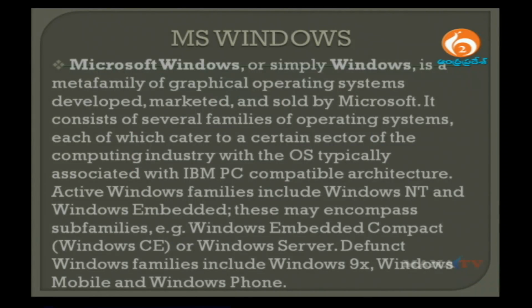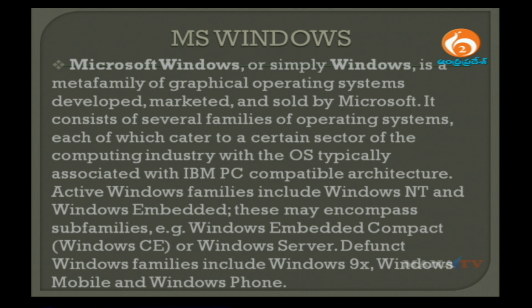So before I take you to the introduction to computer and fundamentals of MS Windows, I just want to have a review of what MS Windows is again. So Microsoft Windows, or simply Windows, is a meta family of graphical operating systems developed, marketed and sold by Microsoft. This is basically a Microsoft product, so always remember that.